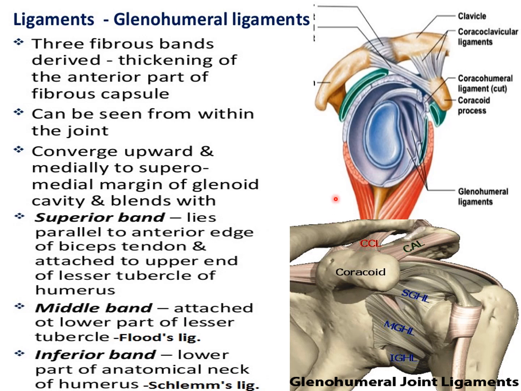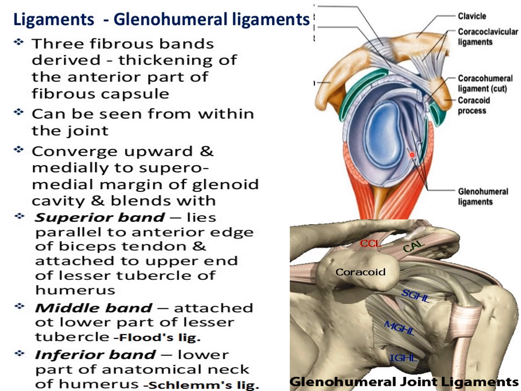As the name implies, they are attached to the glenoid cavity and the humerus. They are nothing but the thickening of the anterior part of the fibrous capsule. And these ligaments can be best seen from within the joint.